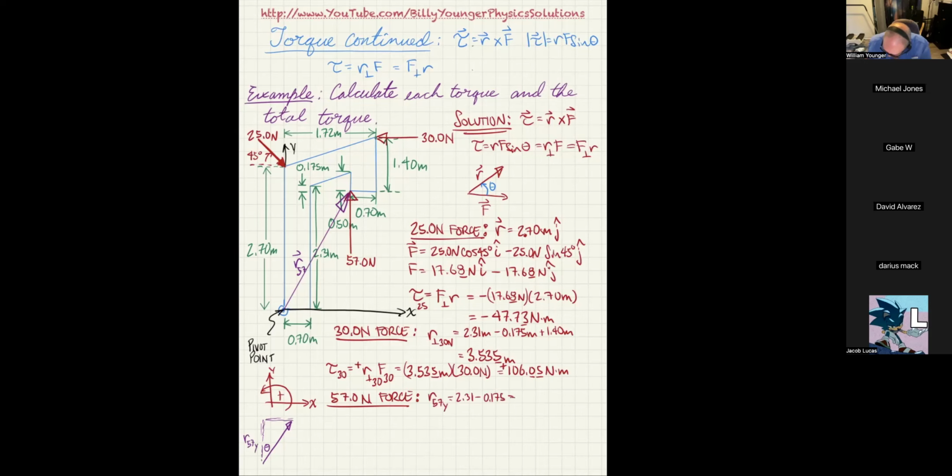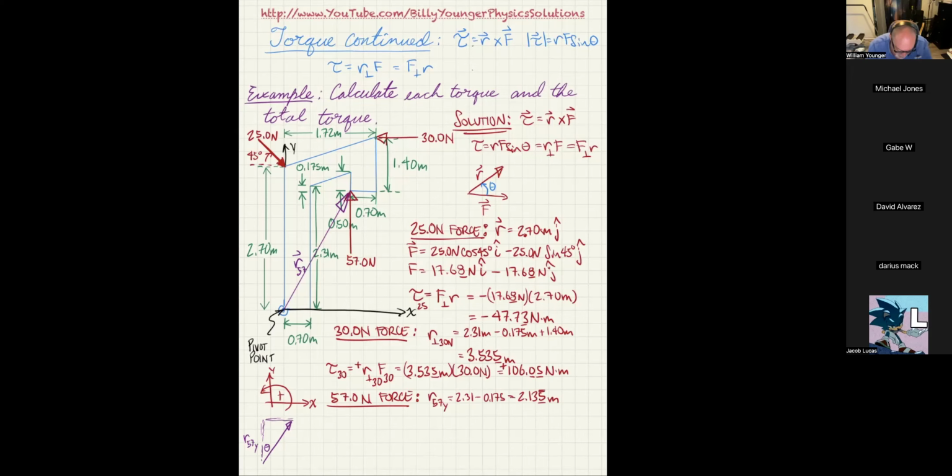I didn't write it there, but we're going to at the end. 2.31 minus 0.175 gives me 2.135 meters. Now, just to check, I'm going to make sure I did correctly when I divided that 0.7 by 4, and it was 0.175. I'm always making careless arithmetic mistakes, so I just want to make sure I didn't do that again here. So now I've got that.